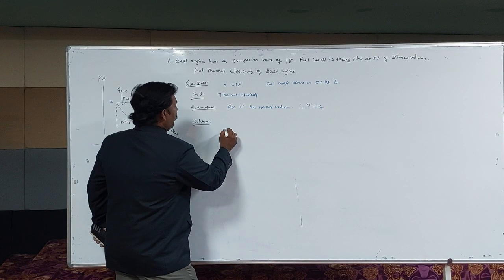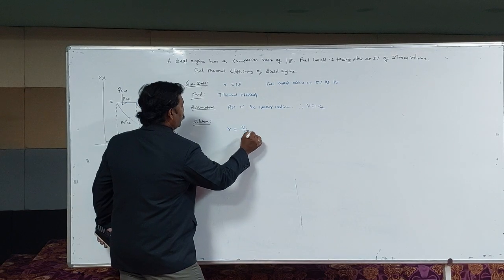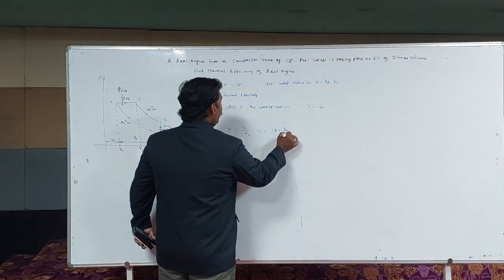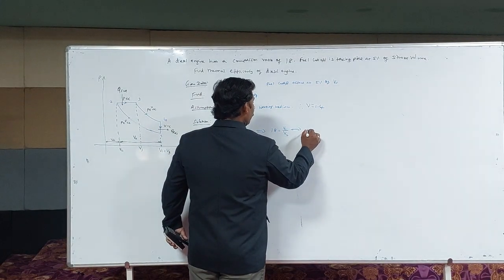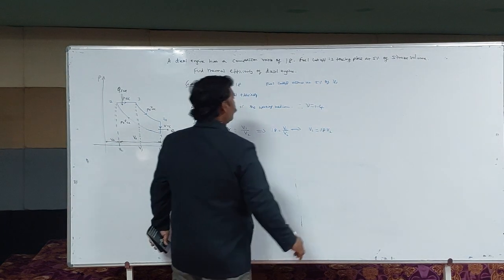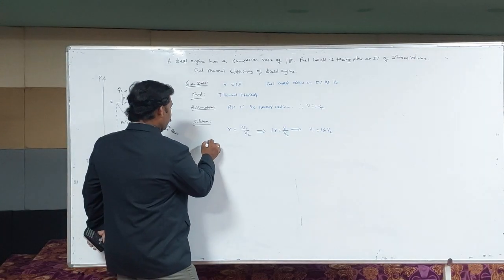We know the compression ratio r is equal to V1 by V2, and from this 18 is equal to V1 by V2, and from this we can write V1 is equal to 18 times V2. Now we have to find the swept volume.